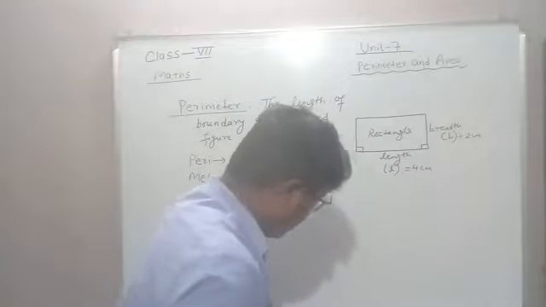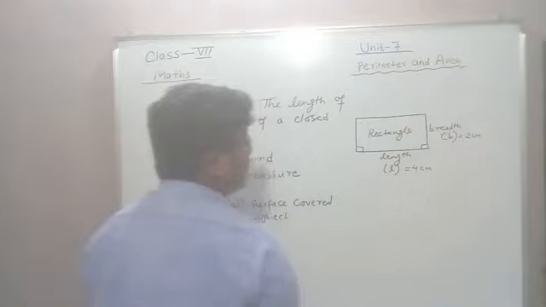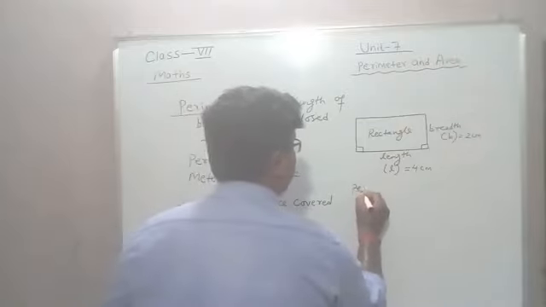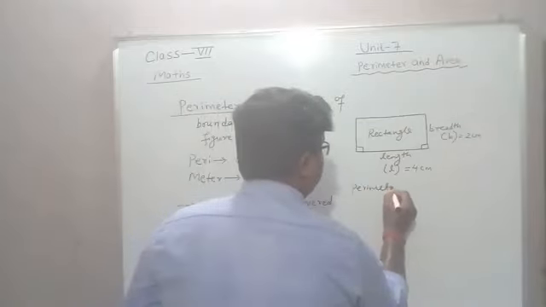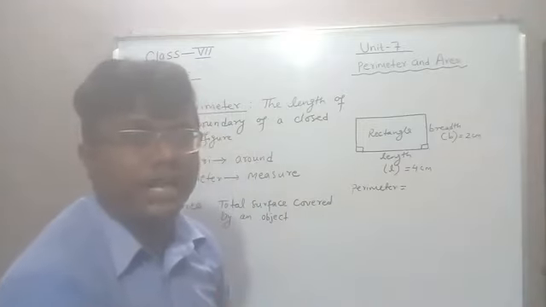Now let's talk about the formula for perimeter. What is the formula for perimeter? Simply, perimeter means the sum of boundary lines.